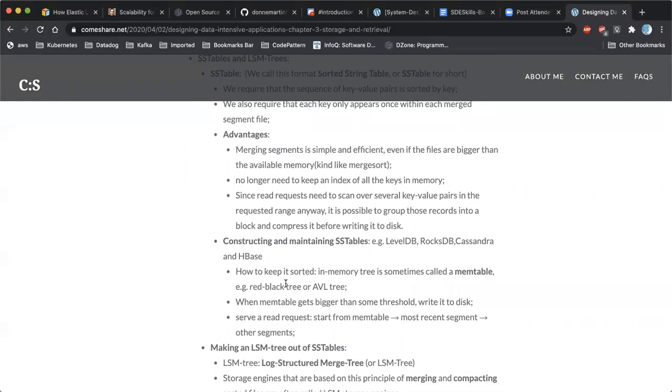So I think at one point what he was talking about is that even in this case, you still maintain a write ahead log. In case of crashes, you still maintain an append-only log to recreate this index.